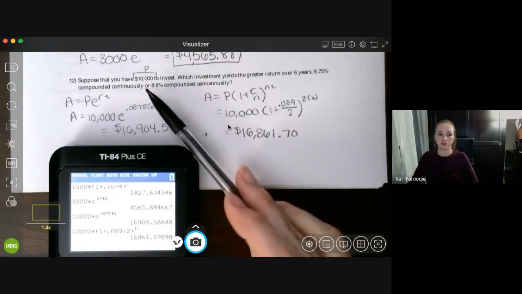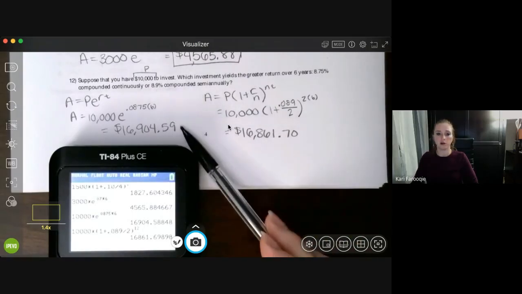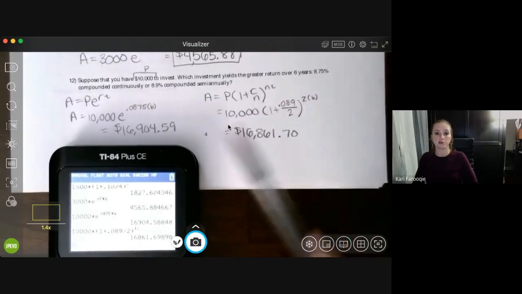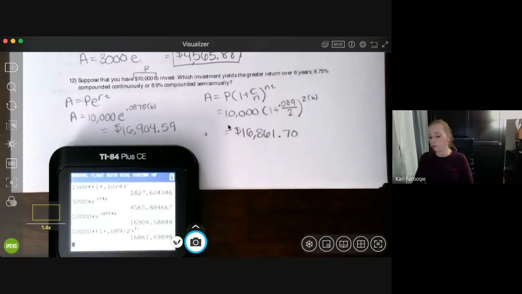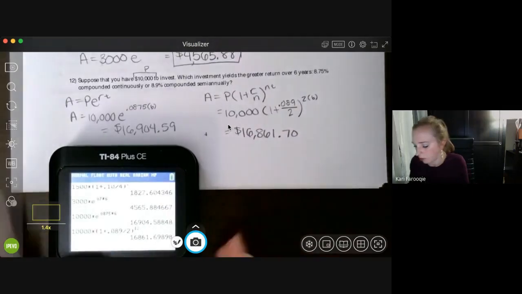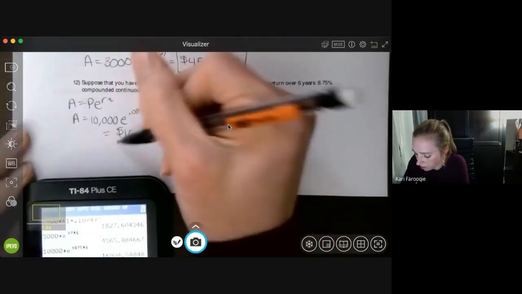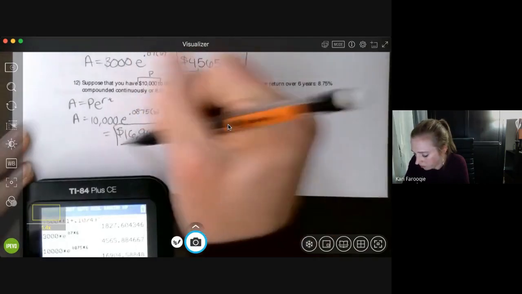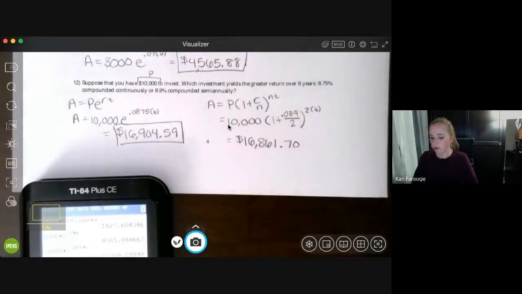The continuous compounding actually yielded the better return at the lower rate. So this is a pretty common problem. You will see one of these on your homework where you need to compare and determine which one yields the better return. In this case, it is the continuously compounding investment. Does anyone have a question on number 12?